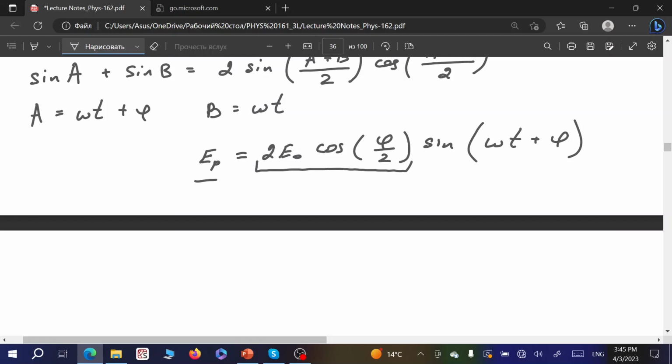But that is specifically true for the central, the brightest part of the bright fringe. If we get the condition for cosine 0, so when they are in opposite phases, then obviously the amplitude will be 0. So nothing here makes any difference because the amplitude is 0. So that is the darkest part of the dark fringe of the interference pattern.